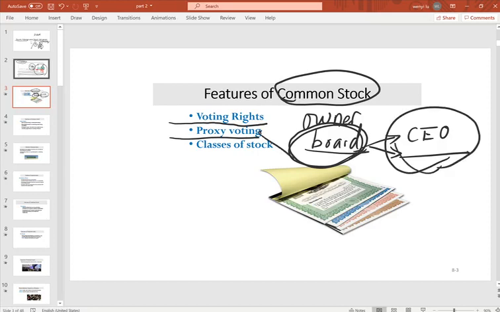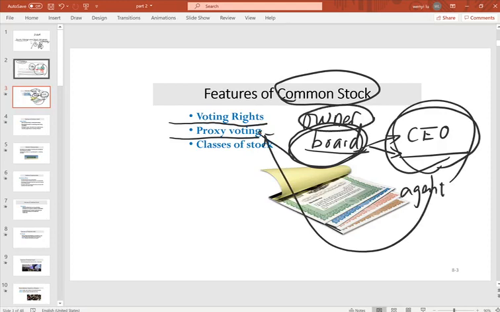All these people are just your agents. You are the true owner. The common stockholders are the true owners of the company, and the CEO and the others are just agents working for you.